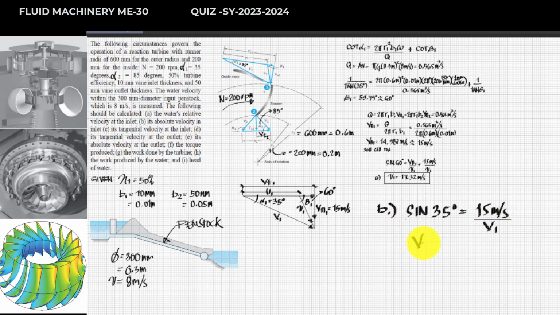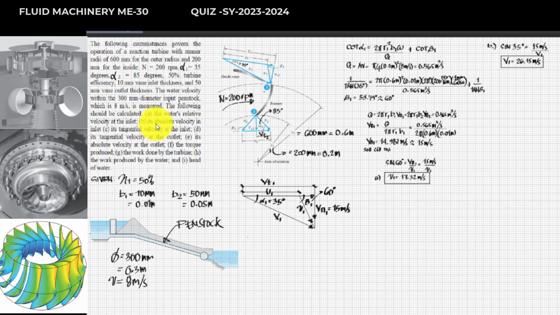So, pressing my calculator, the value of my absolute velocity is equal to 26.15 meters per second.